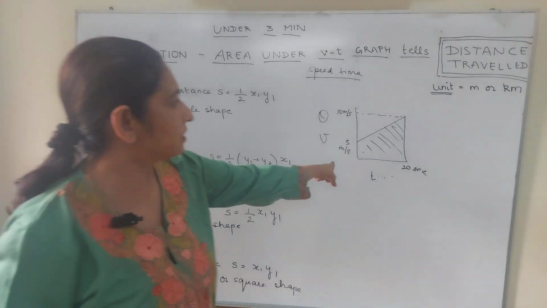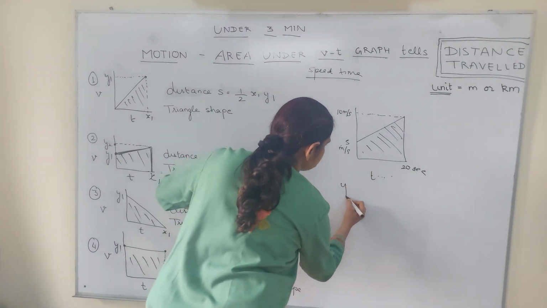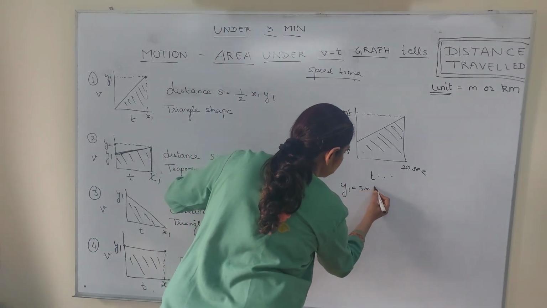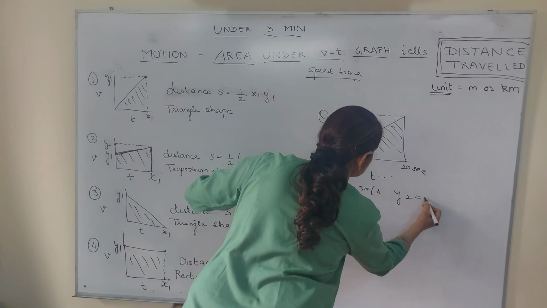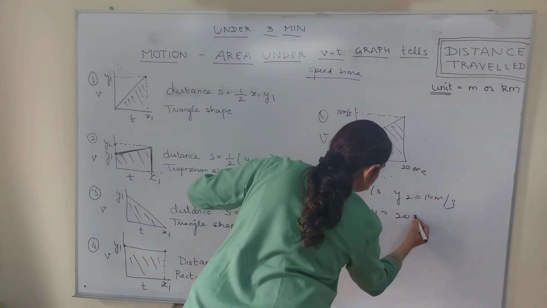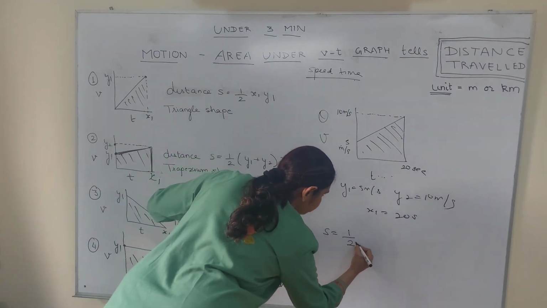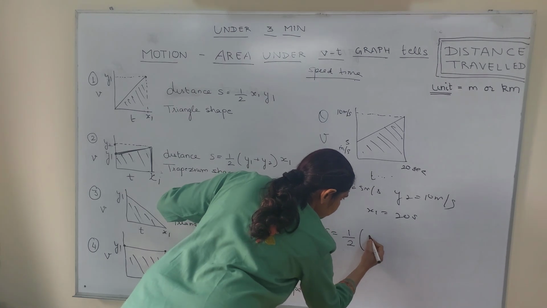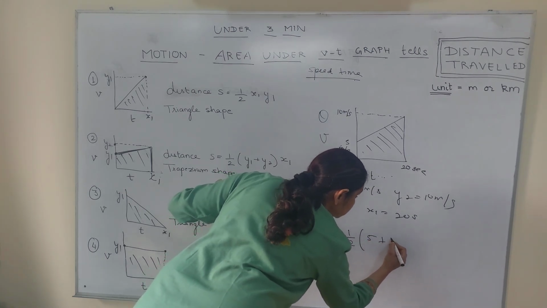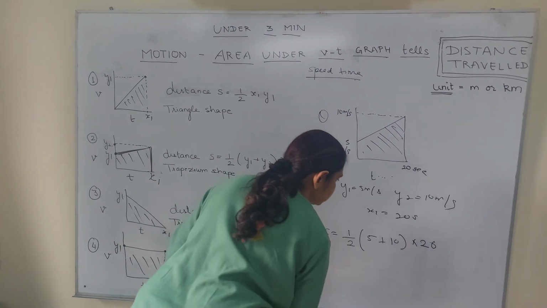Now here, because it's a trapezium shape, we'll apply this formula. y1 becomes 5 meter per second, y2 is 10 meter per second, and x1 is 20 seconds. So the distance traveled will be half (y1 plus y2), which is 5 plus 10, into x1, which is 20.